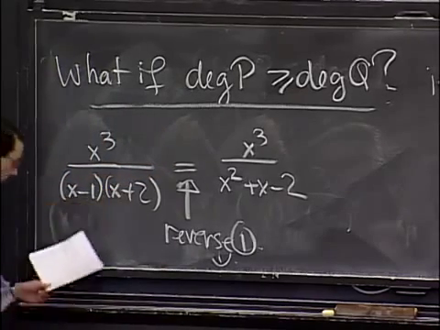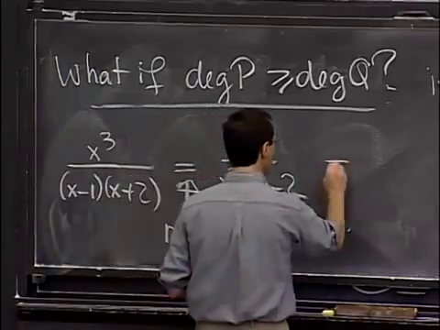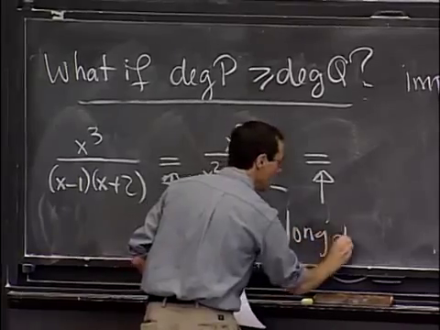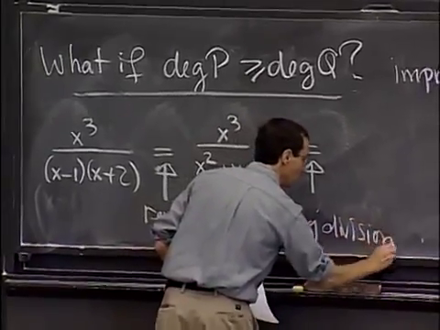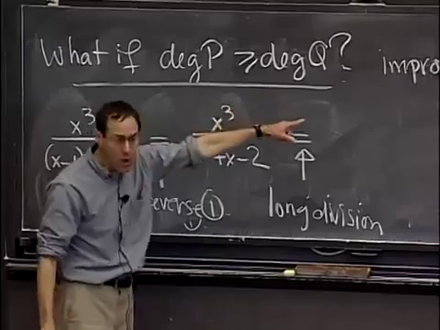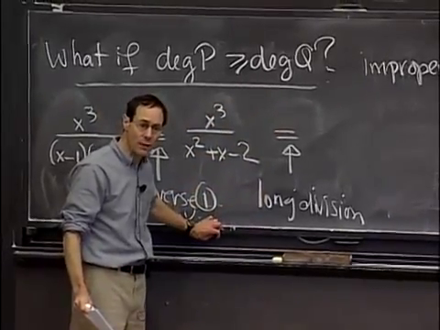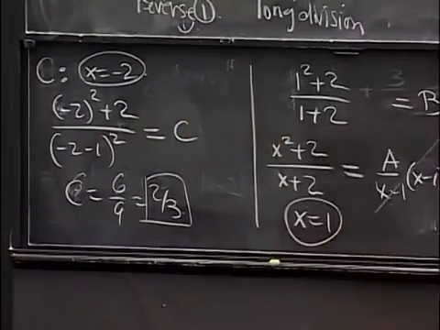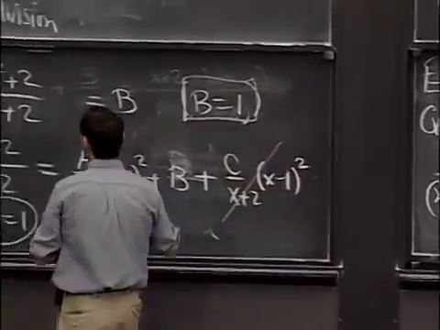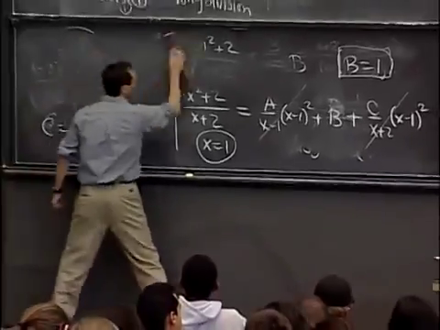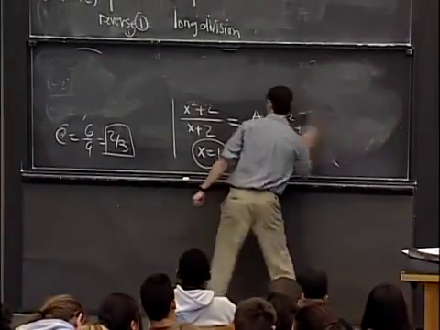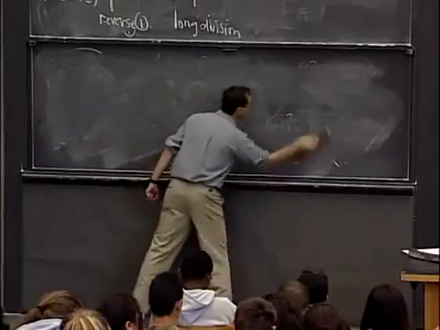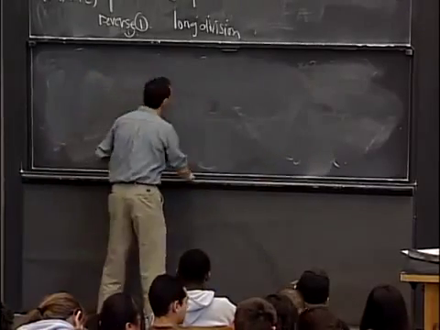And now, the next thing that I'm going to do is I'm going to use long division. That's how you convert an improper fraction to a proper fraction. Now, this is something you were supposed to learn in, I don't know, grade 4, grade 5, grade 6, etc.